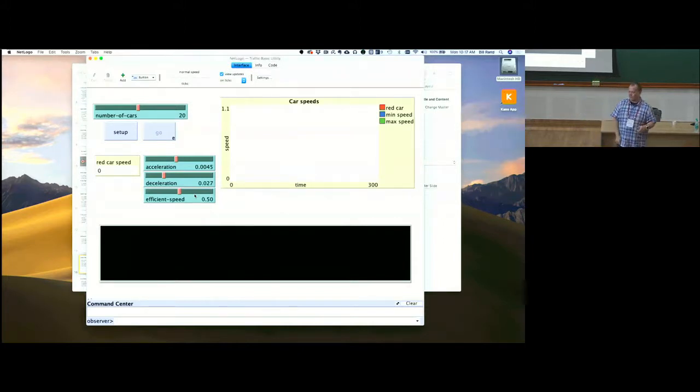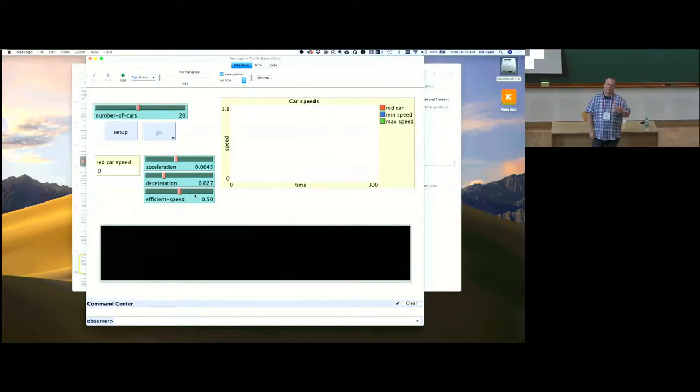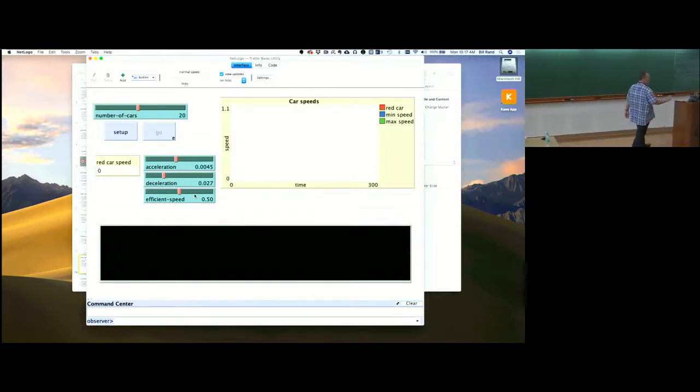I like to think of it that way, kilometers per liter, right? So, anyways, there is usually a speed for any car that maximizes that. So let's assume that for the cars on our road, it's 0.5. It's just an arbitrary unit, right? So what is the model going to do?